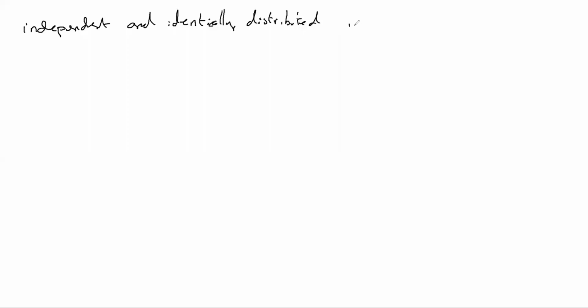This is called IID. If each random variable has the same probability distribution as the others and all are independent, there are a lot of things you can do with it. This is very important in probability and statistics, and it's a very important underlying assumption in almost everything we do throughout the rest of this class. So the concept of IID is very important.